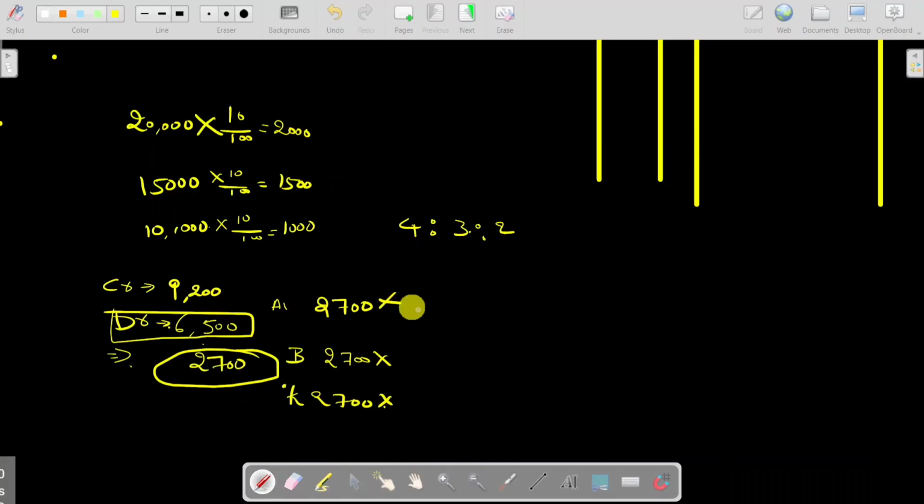First of all, Ashwini's share is 4 by the total of 4 plus 3 plus 2, that is 9. Bharani's share is 3 by 9. Karthik's is 2 by 9.